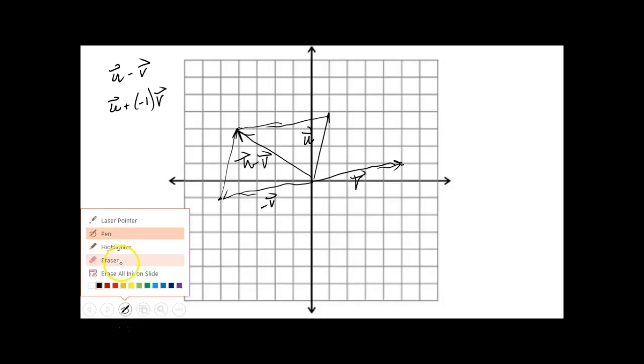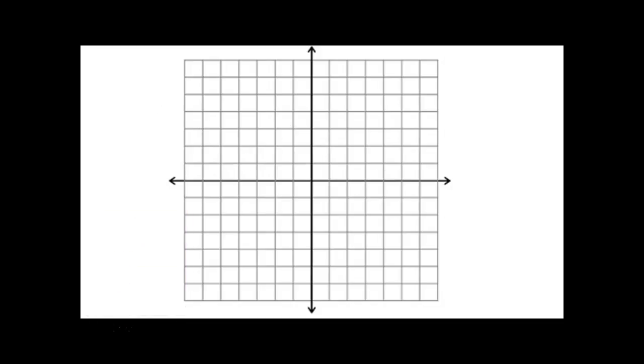In fact, I'm going to go back to, now I'll do it here. Okay, I'll erase all things on the slide. Let v be negative 2, 5. I did it again. Imagine that's a parentheses. u equal 3, 4.